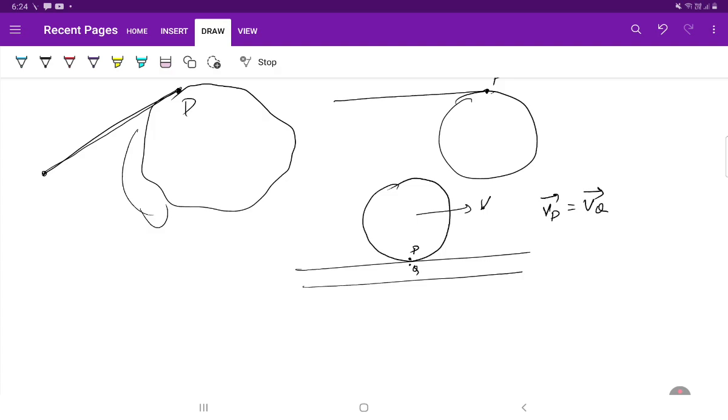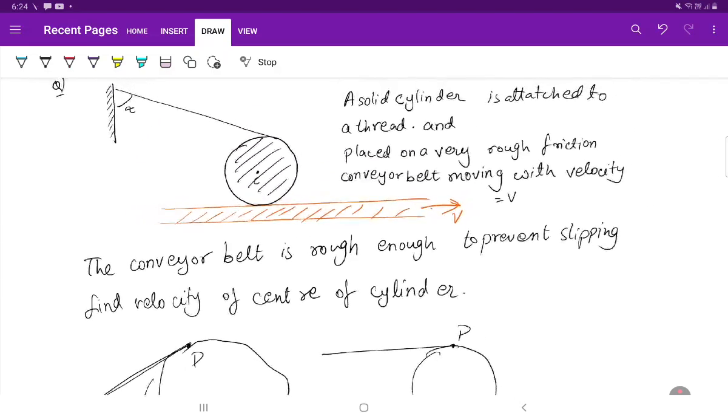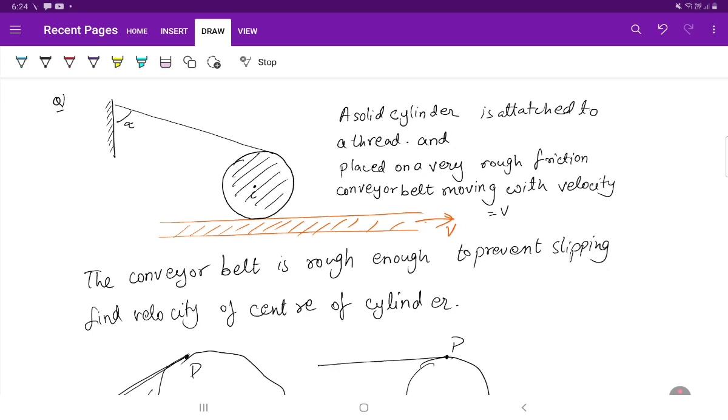Now give the problem a try, pause the video and try for a few minutes, then look at the solution.